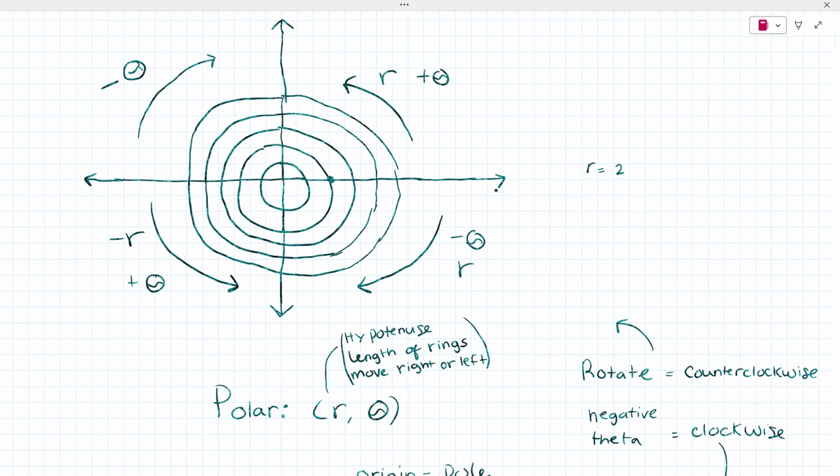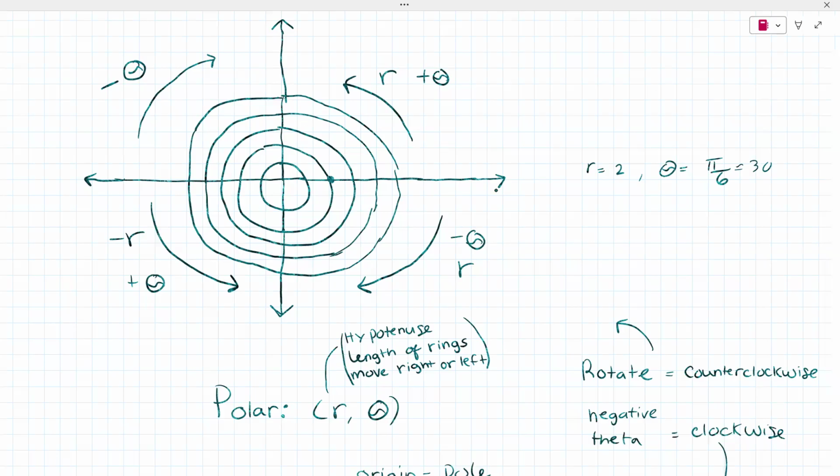So for example, let's say they want you to plot a radius of 2 and a theta of pi over 6. Pi over 6 is what? Like 30 degrees, right? So how would I plot this? If our radius is 2, we're going to go positive 2. You always start at the origin, and then you go 2 rings to the right, right here.